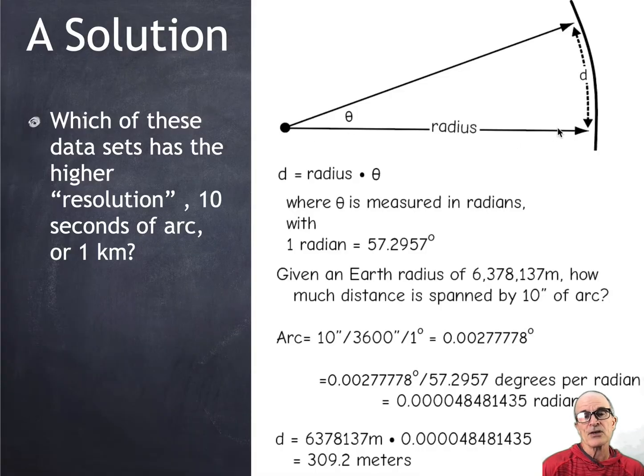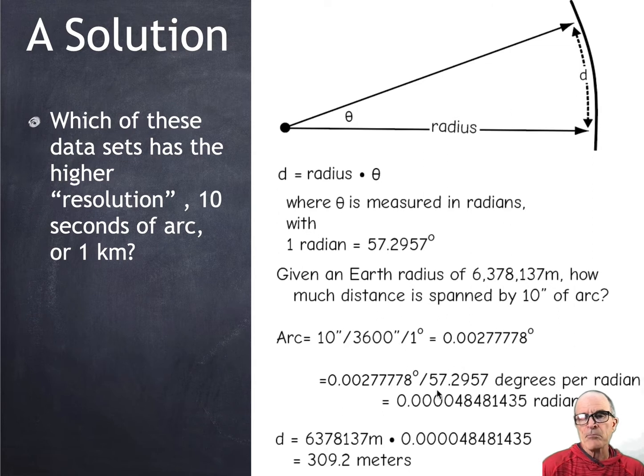Well, we know the radius of the Earth up to Minnesota, and we know the angle here, right? Theta is the angle. One radian is 57 degrees. This is the Earth's radius, so it's 10 seconds of arc. Well, 10 seconds of arc divided by 3,600 seconds in a degree equals this many degrees, right?